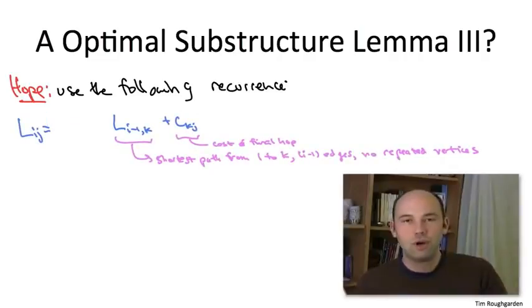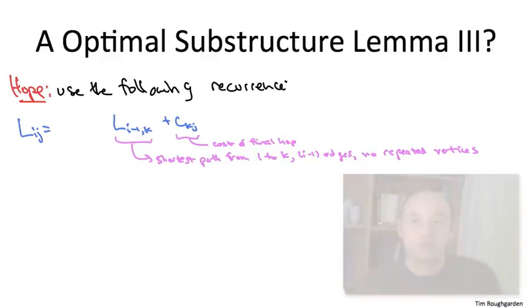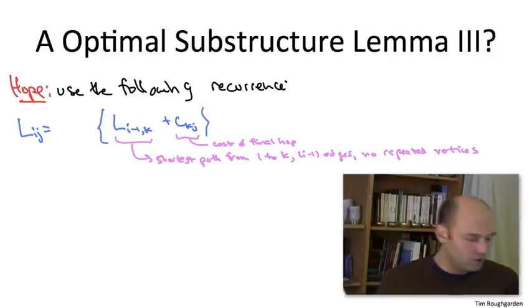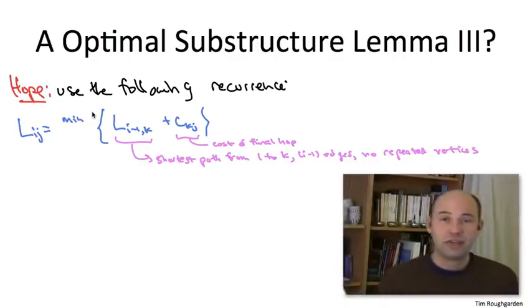Now, of course, you don't know what the second to last vertex k is, but no big deal. As usual in dynamic programming, we're just going to try all of the possibilities. So we can encode this brute force search as a minimum over the sensible choices for k.